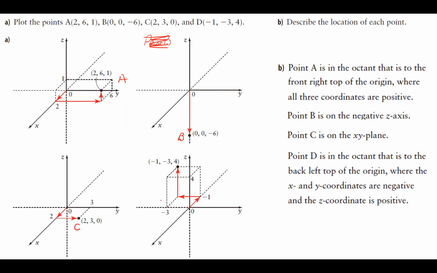So point C is here. Point C is on the xy plane, which means its z coordinate is 0, right? And point D is in the octant that is to the back left top of the origin, where the x and y coordinates are negative and the z coordinate is positive.